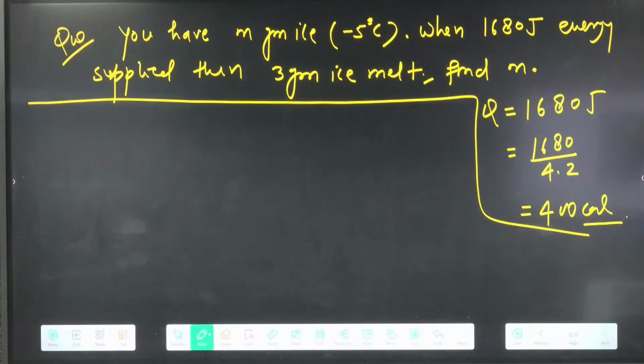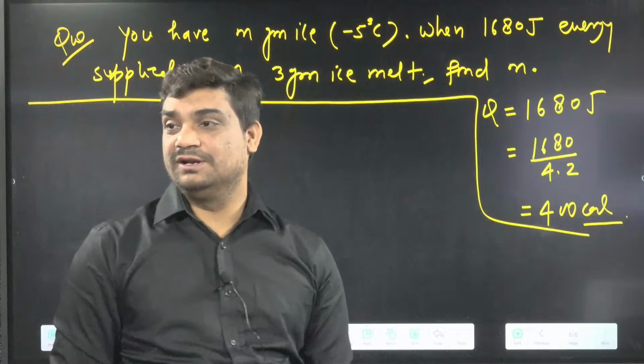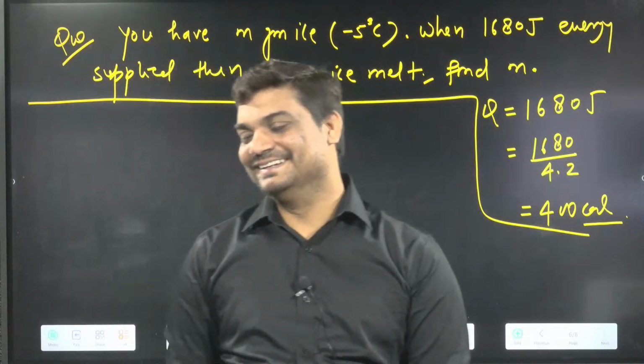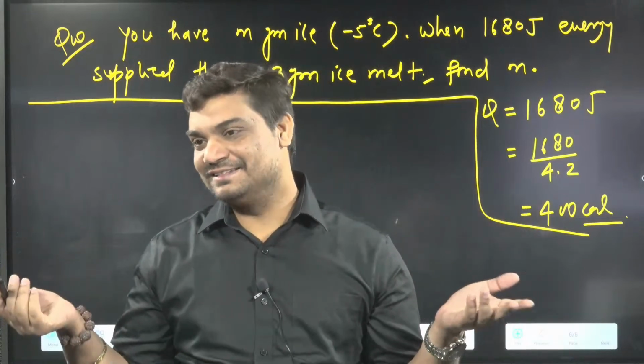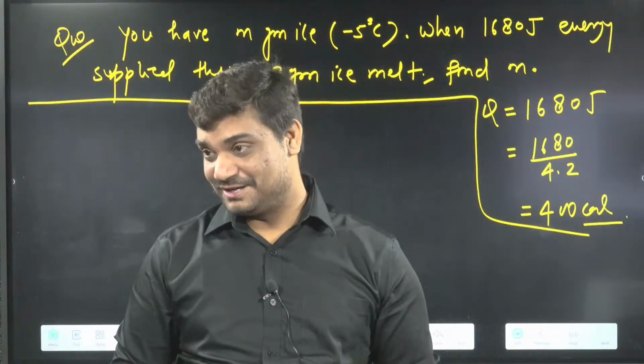Here energy is given. In the previous question, mass was given, so we were finding the energy. Here energy is given and you have to find the mass. Don't Google, because you will not get the answer there.